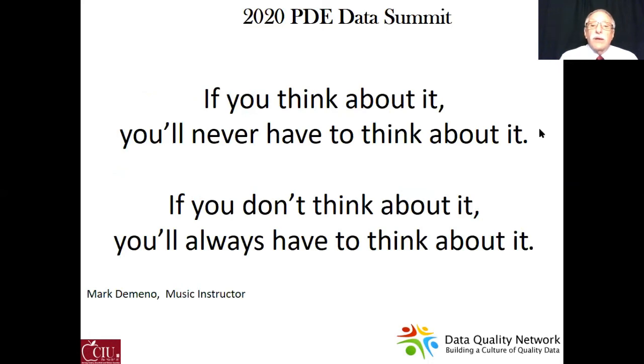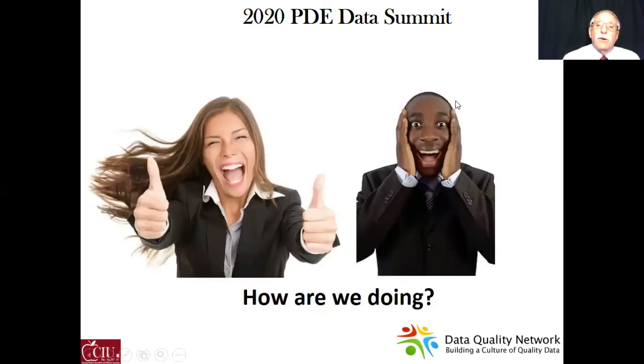Because if you don't think about it, you're always going to have to think about it. And if you're in that situation, there's opportunity to make a mistake. So how are we doing? I think we're doing pretty well. We're happy. We understand the rules of reporting for special education, October 1, child accounting. So I think we've got it all taken care of, right?